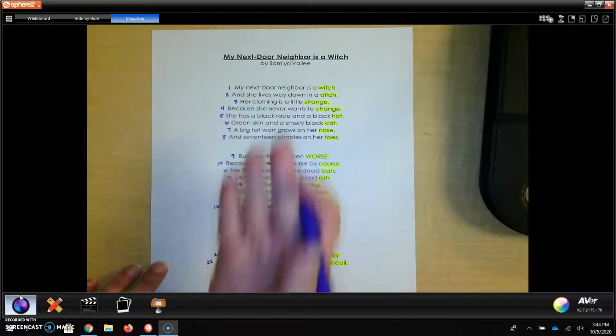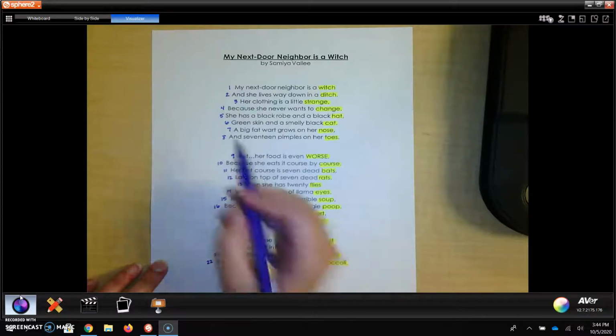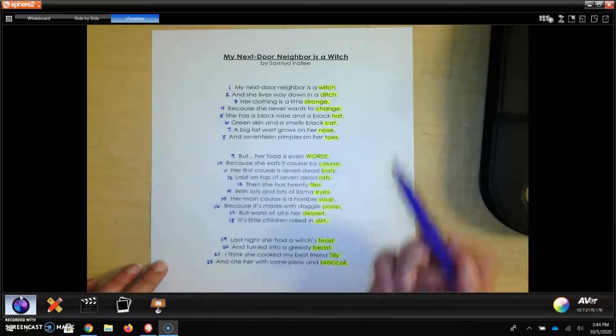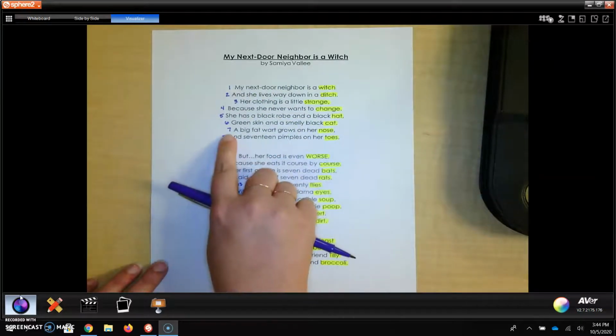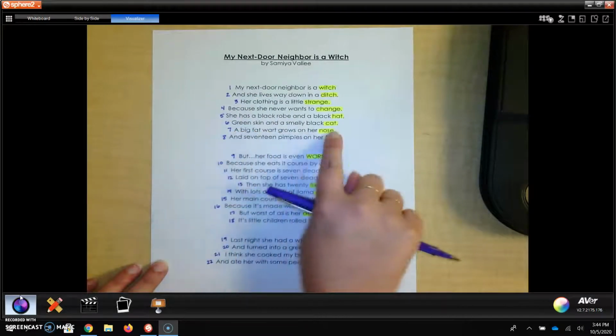And a reason why we label our lines is because sometimes when we are trying to identify something in a poem, or if you're answering a question, it might tell you, in line 7, the poet is asking. So instead of going 1, 2, 3, 4, 5, 6, 7, I've already labeled my line. So I can just go and say, here's line 7. I can look for my answer in here.